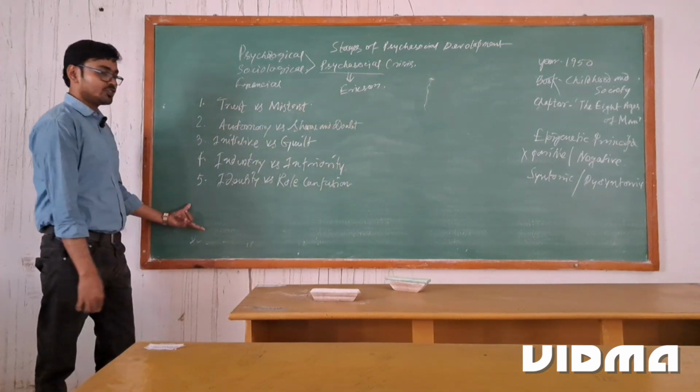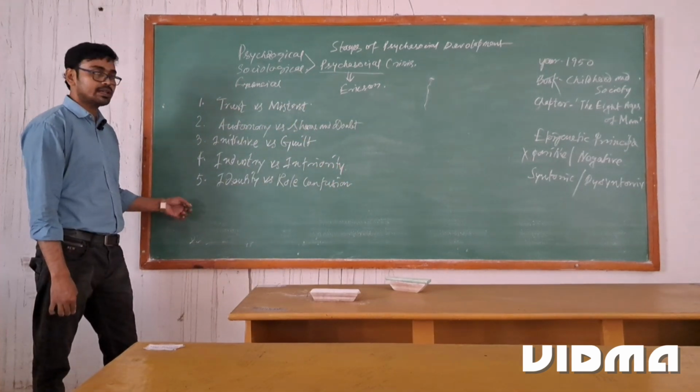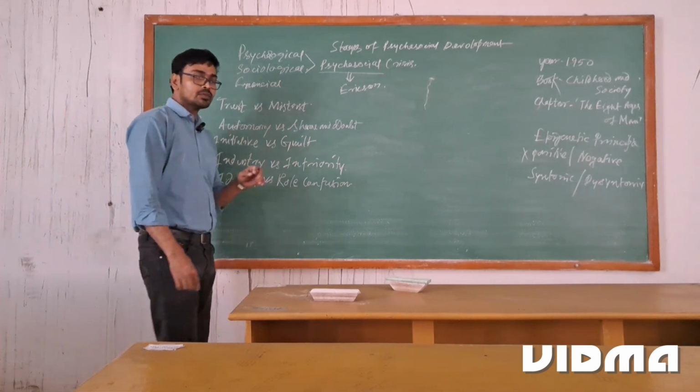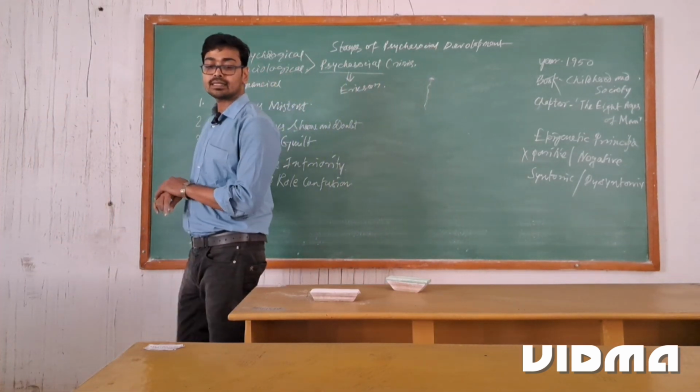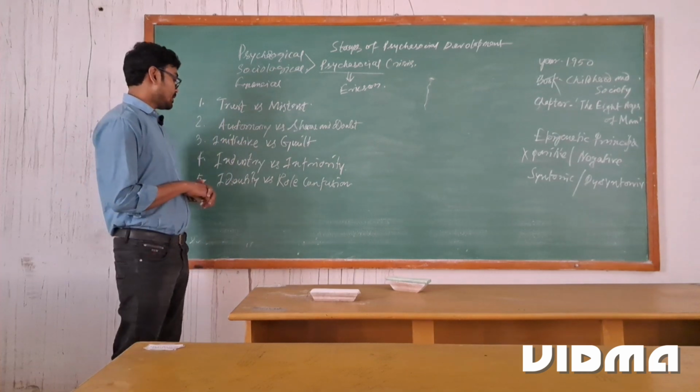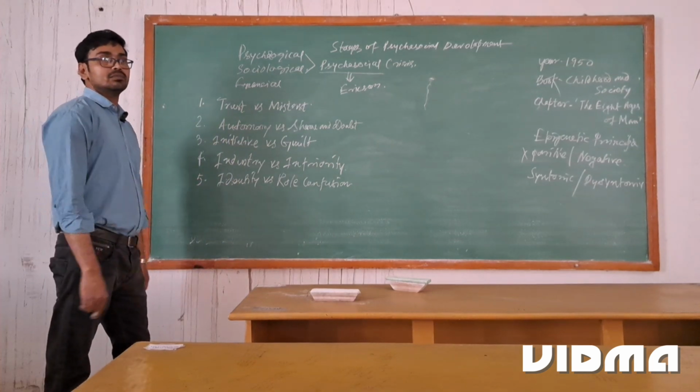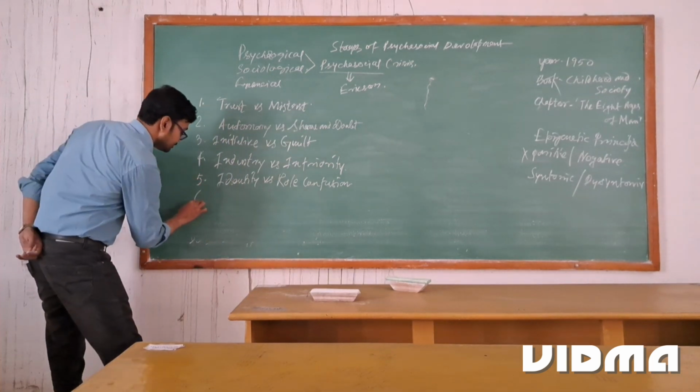And there are the remaining 3 stages: 6, 7 and 8. What is the name of the sixth stage of Erikson's psychosocial development theory? Intimacy versus isolation.